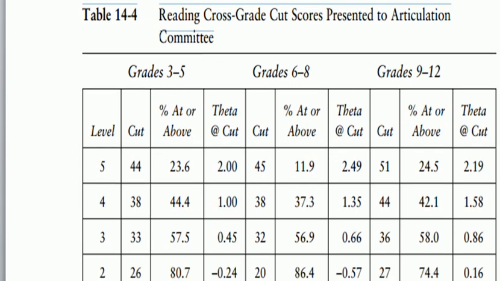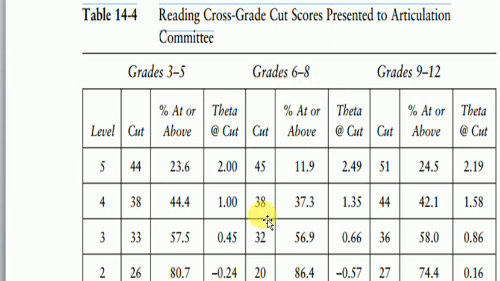And for level 2, grades 3 to 5, the cut score is 26, percentage at or above is 80.77, and theta cut score is minus 0.24.